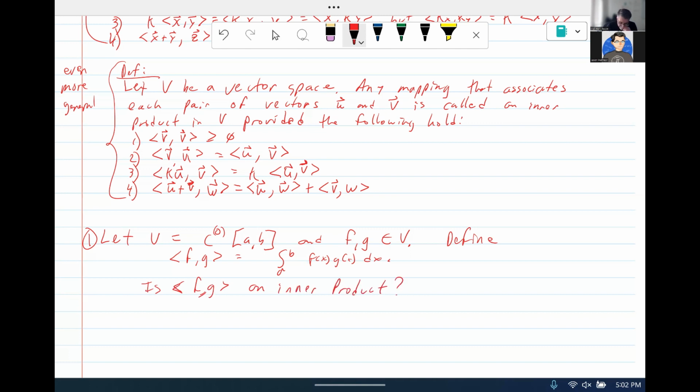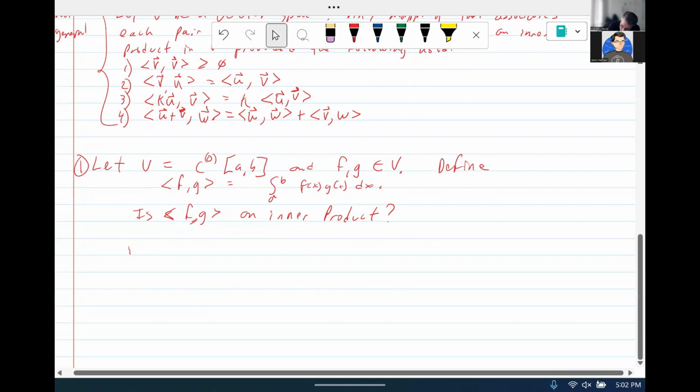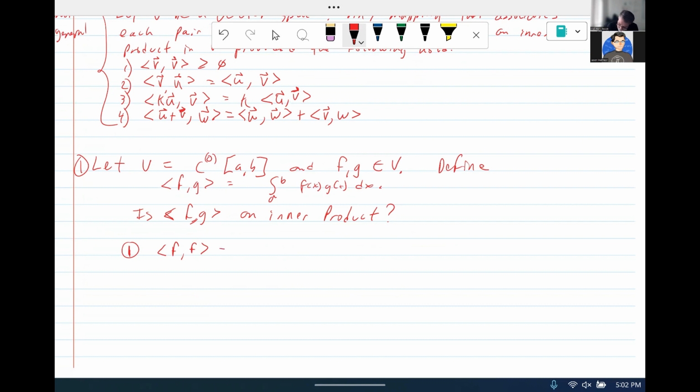So it has to satisfy those four properties. Let's see if it satisfies the four properties. Number 1: is the inner product of f with f, the integral from a to b of f of x squared dx, because that would be f of x times f of x, greater than or equal to 0?